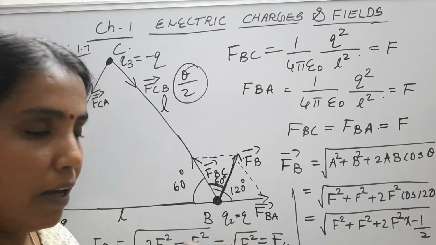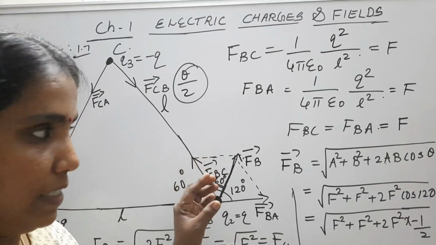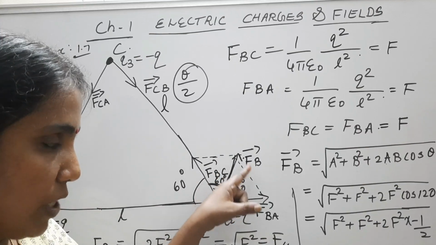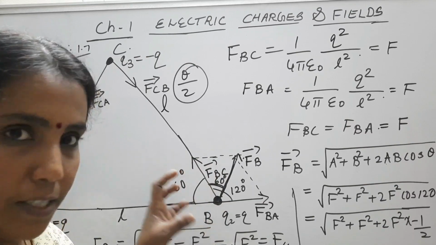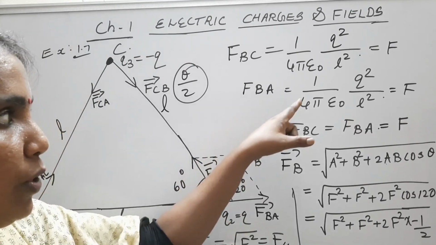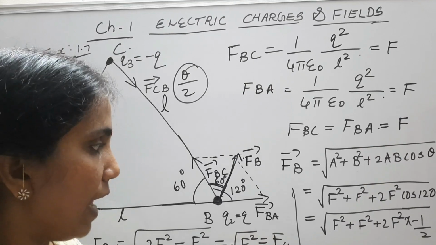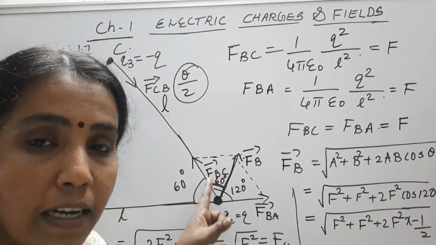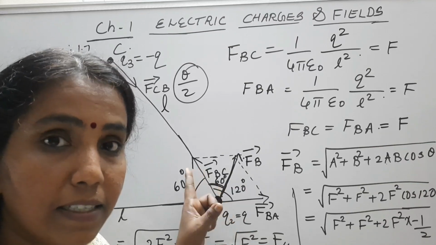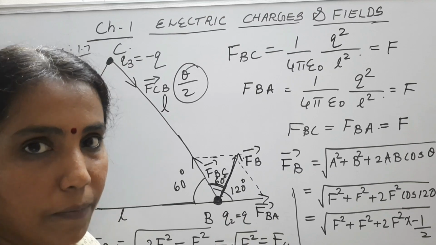With that, one part of the question is answered. The resultant force FB acting on the charge at B has a magnitude 1 by 4 pi epsilon 0 q square by L square, and its direction is in such a way that it makes an angle 60 degree with FBC or FBA.